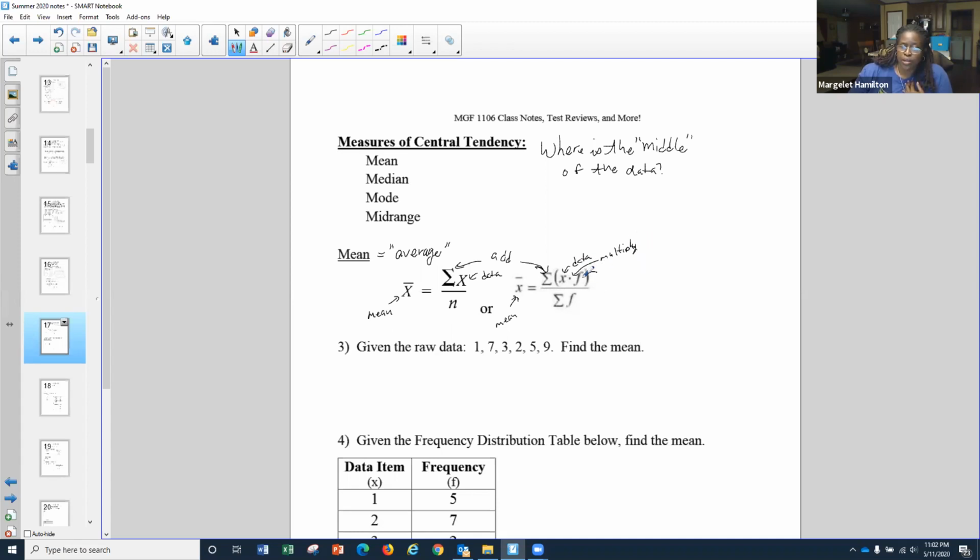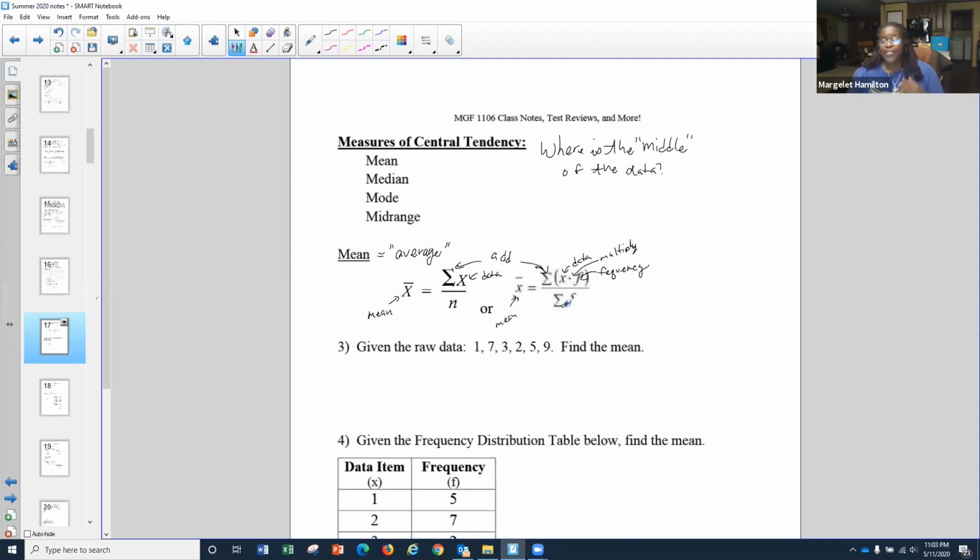Times what? This right here is the frequency. We just introduced that. Then all divided by what? N, which we know is the number of pieces of data. Then F is, again, the number of pieces of data.